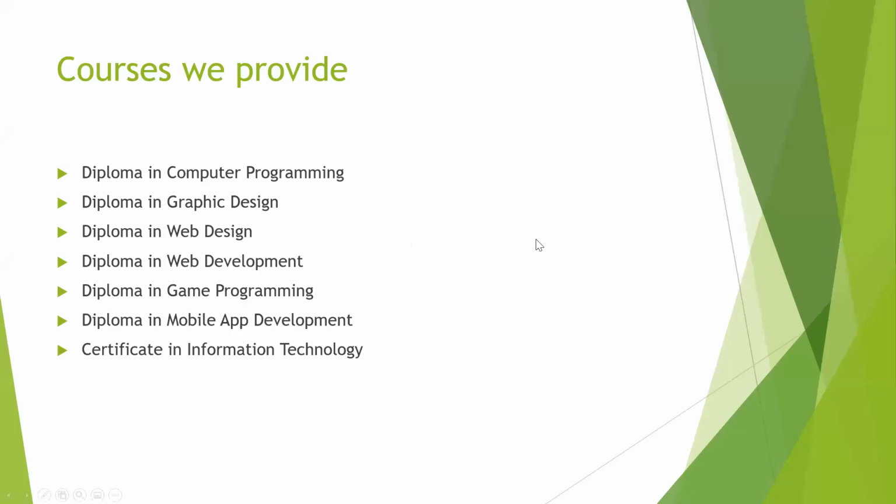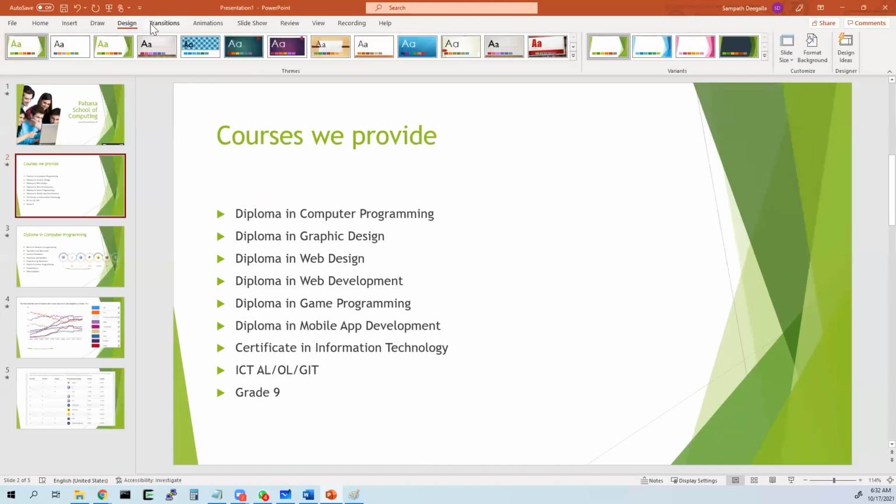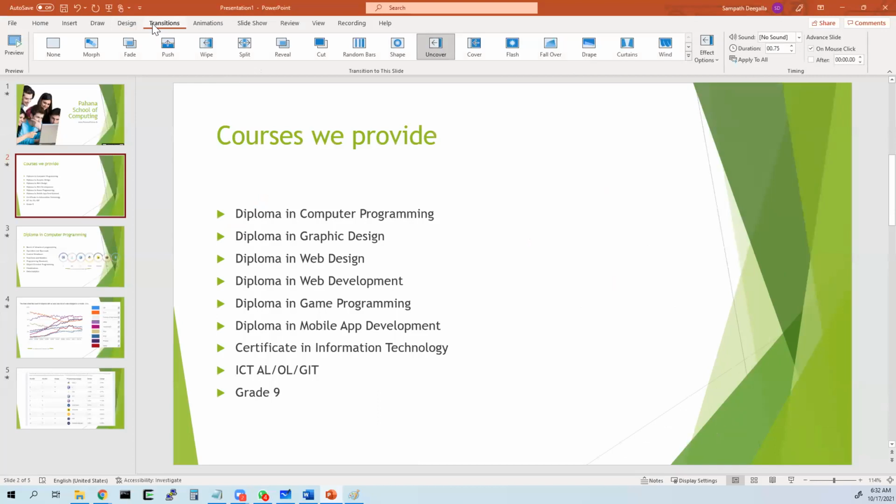Right? Now to do this, I can go back and then go to, let's say, design, and then we have transition. So you can set a duration. Let's say I am going to have 3 seconds for everyone.